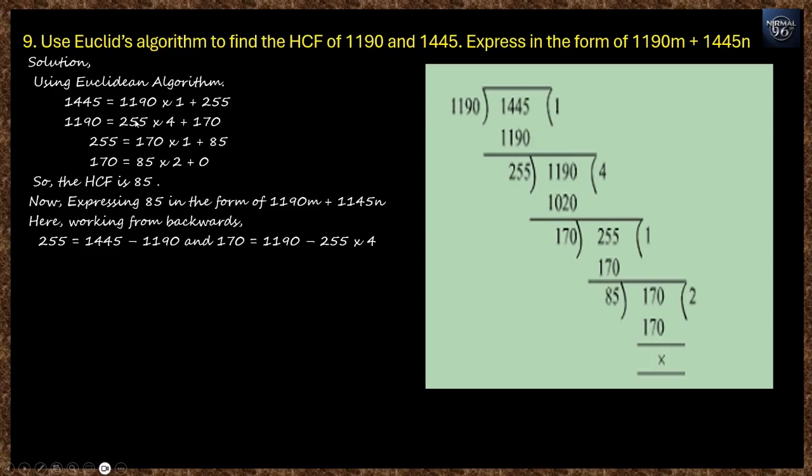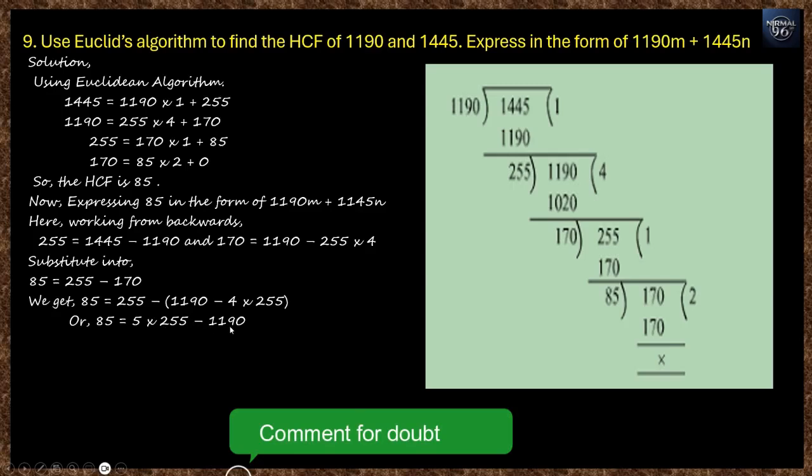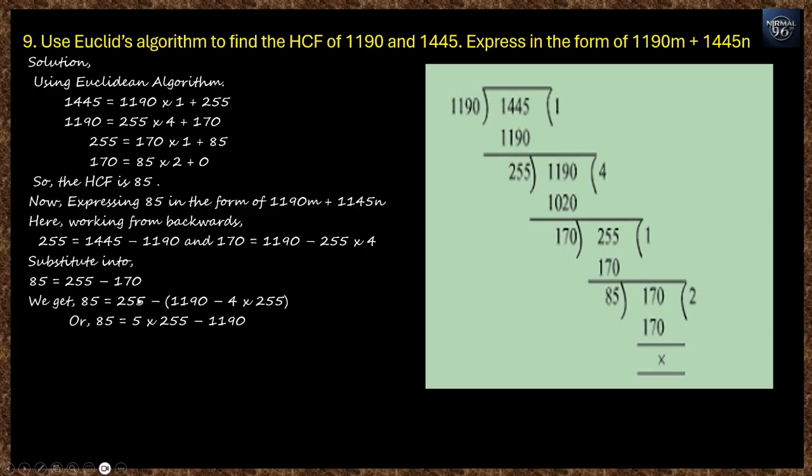After that, when we substitute, 85 is equal to 255 minus 170, and again we get 85 is equal to 255 minus (1190 minus 4 into 255), or we can write 85 is equal to 5 into 255 minus 1190.